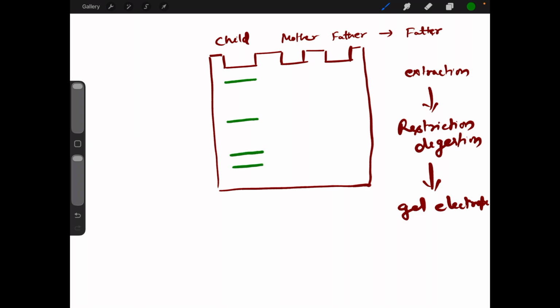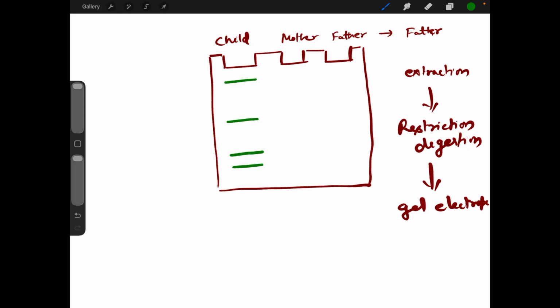Because the child inherits exactly 50% of their VNTR from the mother and 50% from the father. Every specific band in the child's DNA profile must match a corresponding band in either the mother or the father, so any band which is not from the mother must match the biological father.